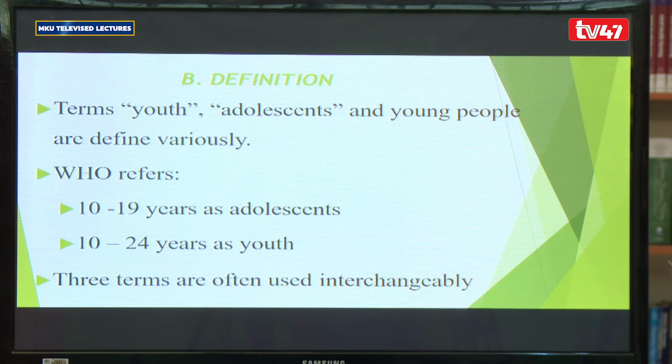But when you talk about the age between 10 to 24 years, they're talking about the youth. So the youth is he or she who is between the age of 10 to 24 years. The three terms are often used interchangeably.